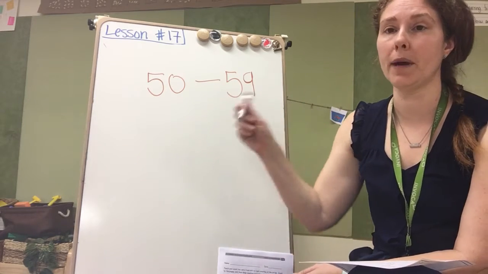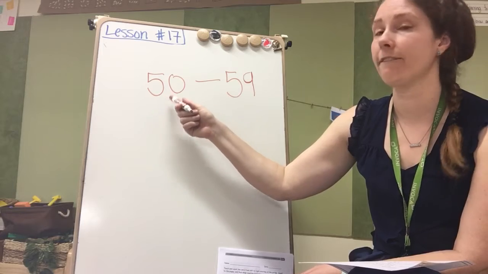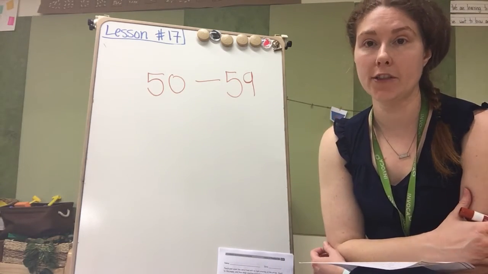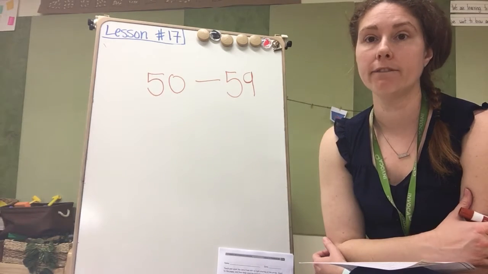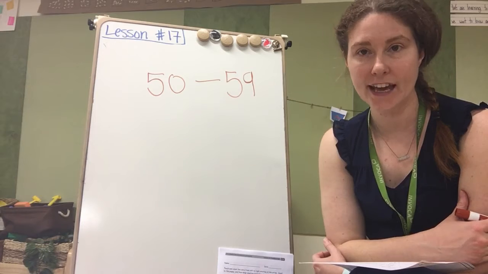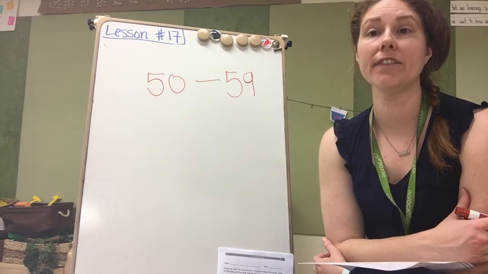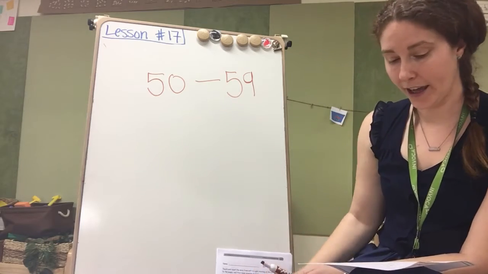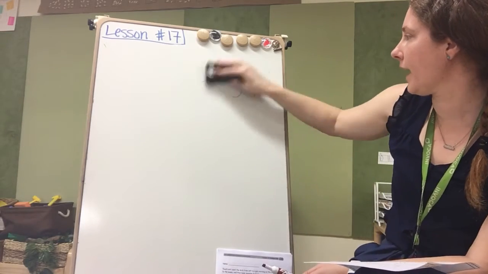So let's go. Ready? 1, 2, 3. 50, 51, 52, 53, 54, 55, 56, I can't hear you, 57, 58, 59. Stop. Awesome. Okay, and we're just going to do one more round.